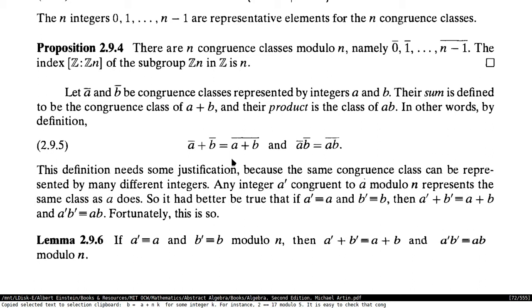So if you have two elements that are congruent, then they represent the same class. So if a prime is congruent to a and b prime is congruent to b, then a prime plus b prime is going to be congruent to a plus b, right? And you prove that in the following lemma.